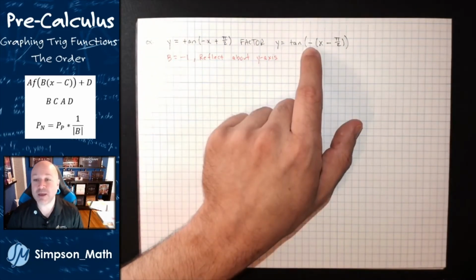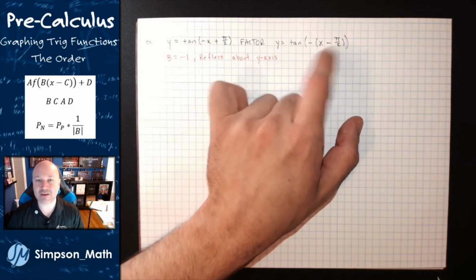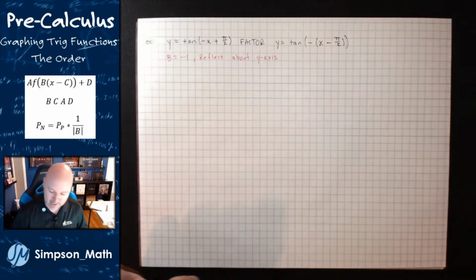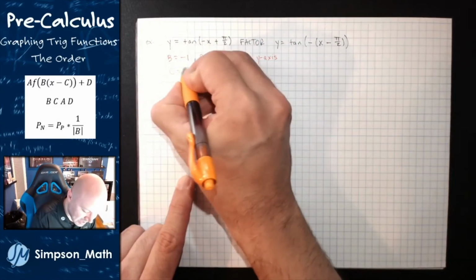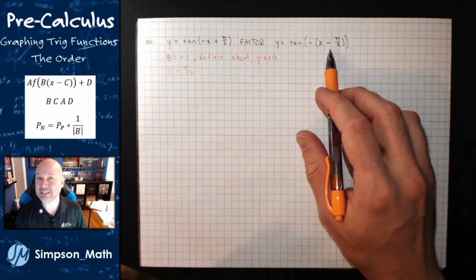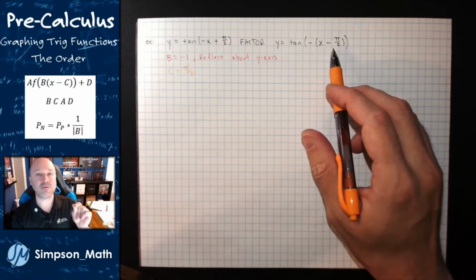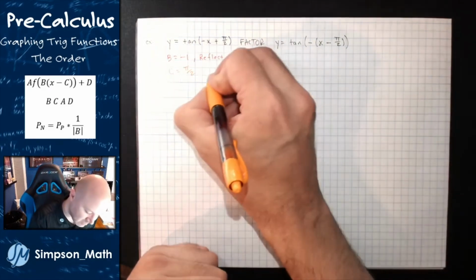Always double check. The minus times the x is a negative x. The minus times a negative pi halves is the positive pi halves. It's clear to see that my c value is pi halves. Because it is now following a minus sign, like it's supposed to, we are going to be moving in the positive or the right direction pi halves.